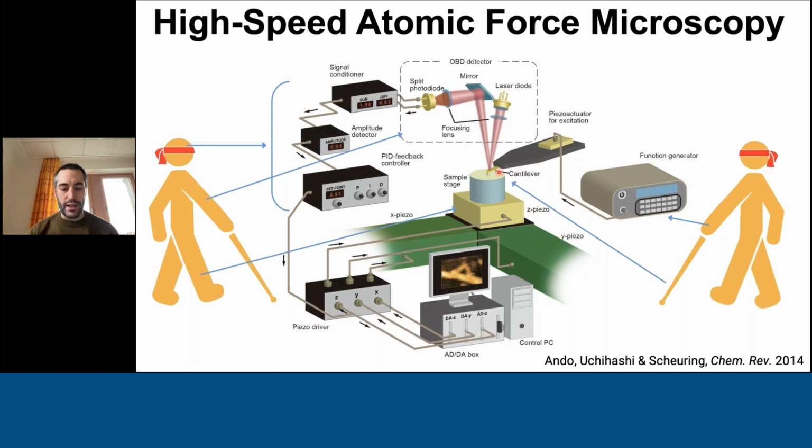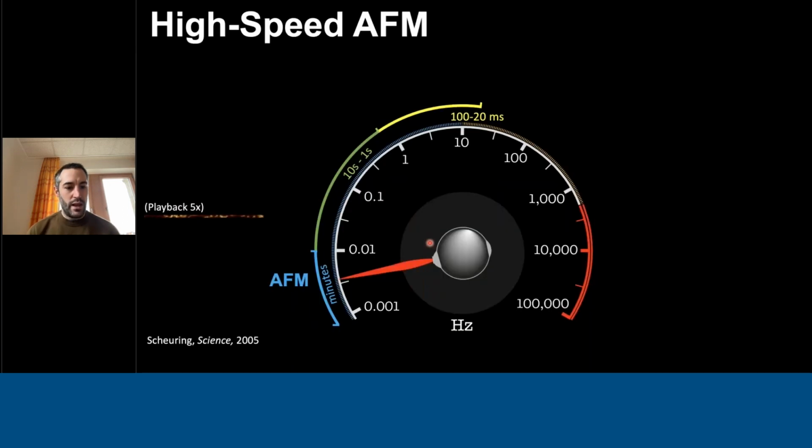So with smaller cantilevers, with higher frequency tapping, so now they're around 600 kilohertz in liquid, better feedback controls and detectors, and better piezos that can act fast enough without bad resonance frequencies.